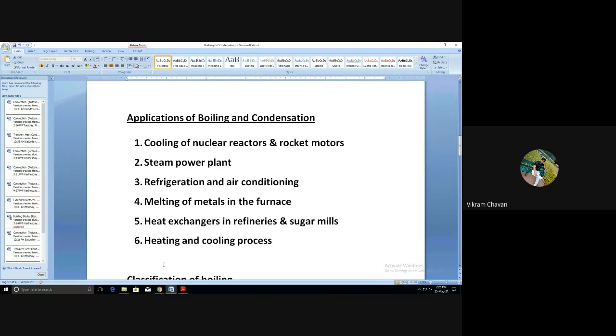First one is cooling of nuclear reactors and rocket motors. Then second one, steam power plant.